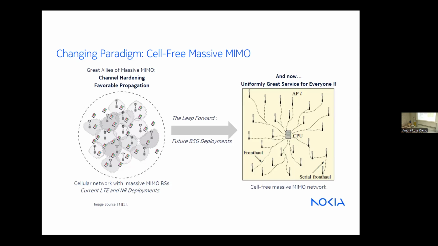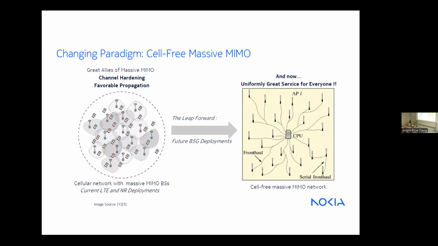In a real life deployment, you might assume them to be the distributed unit of a 5G gNodeB, for example. This connection together is called a fronthaul. By doing this, you are allowed to do cooperative signal processing and improve the coverage for users. So the idea here is to give uniform coverage to everyone in the area.